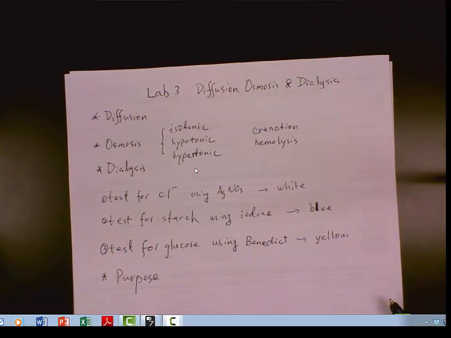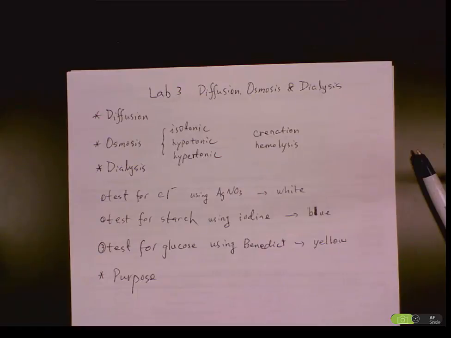Correspondingly, we have these two concepts used for blood cells. When blood cells are placed in a high solute concentration solution, they form small clumps. This process is called crenation.